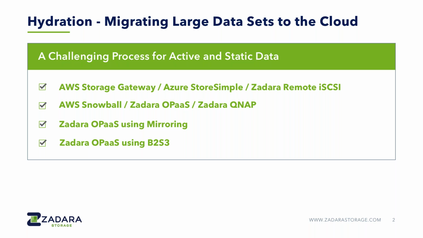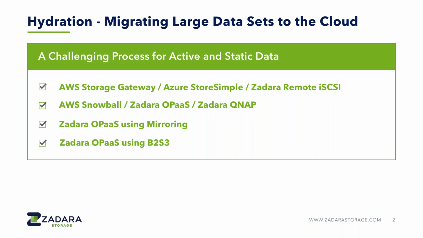And there's several ways to do it. One is through AWS Storage Gateway or Azure StorSimple, or even our iSCSI interface through the public IP. This allows you to move data that's static into AWS or into the cloud itself.